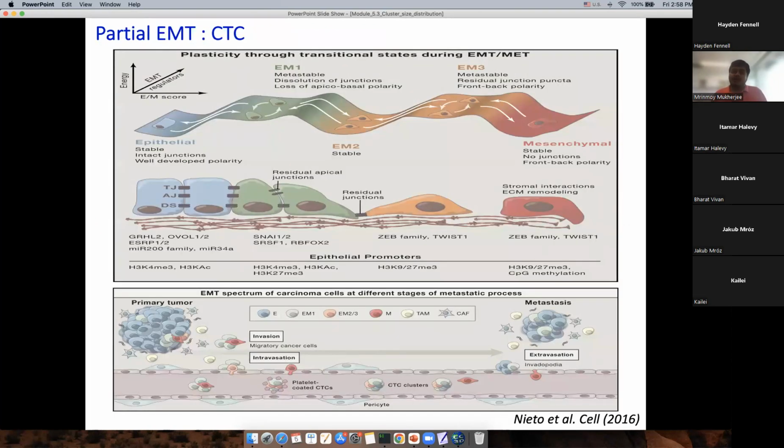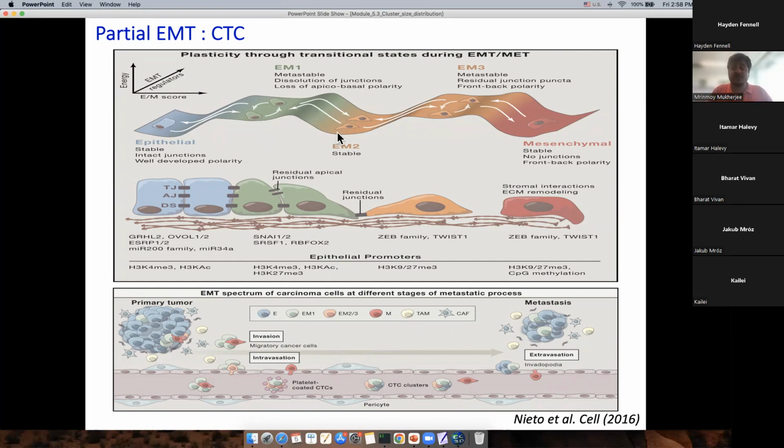So now you can think of the feature of this partial EMT. In a complete EMT, the cell goes to a complete mesenchymal state where the cells are isolated, with almost no adhesion to other cells, and they are very migratory. At the other end, epithelial cells adhere to each other strongly and do not migrate.